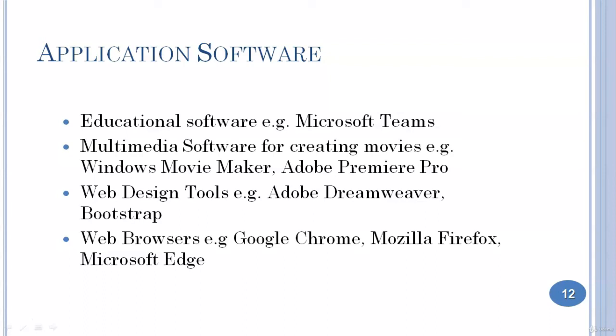Now, the next category of application softwares is the web browsers. A web browser is an application software for accessing the World Wide Web. The examples of web browsers are Google Chrome, Mozilla Firefox, and Microsoft Edge.